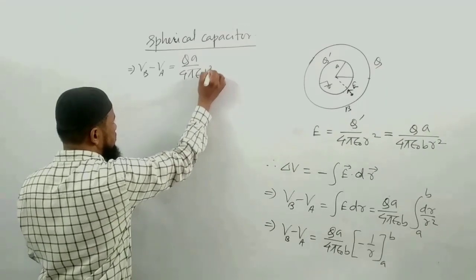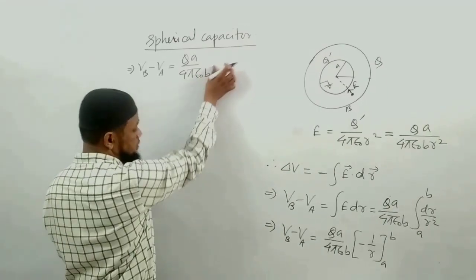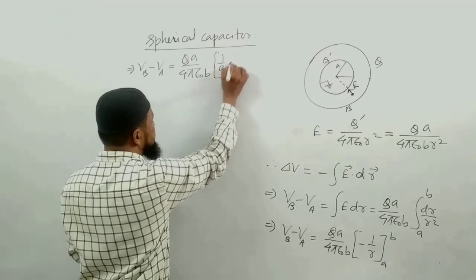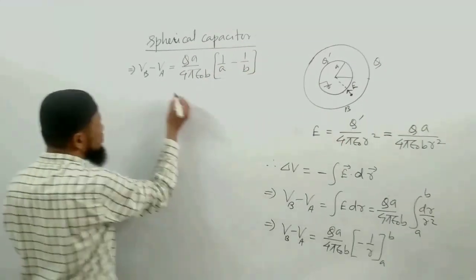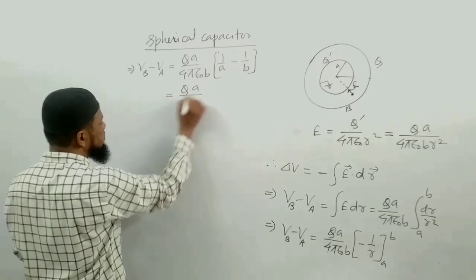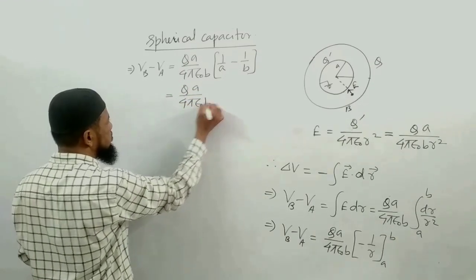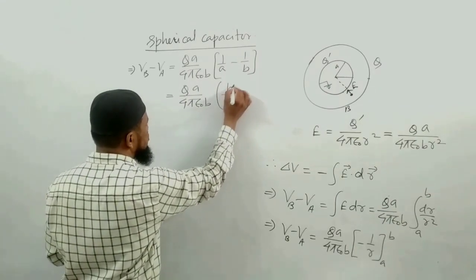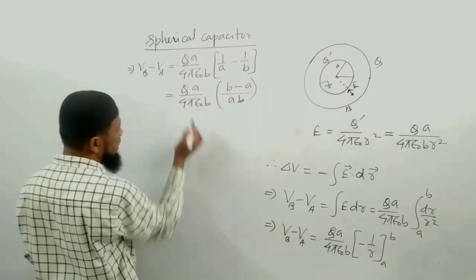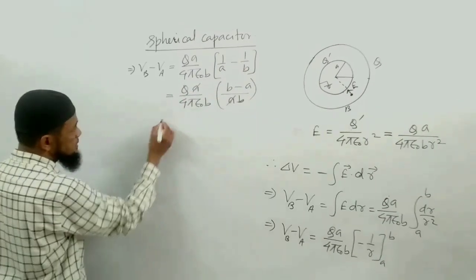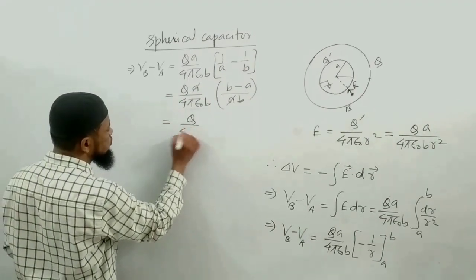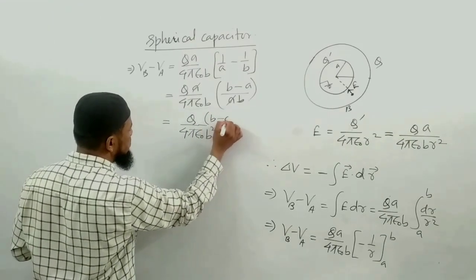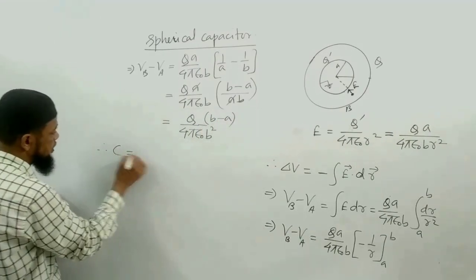QA divided by 4 pi epsilon naught B, and that will become 1 by A minus 1 by B. If we take the LCM, AB, this will become B minus A. So the A cancels. Q by 4 pi epsilon naught B square into B minus A.